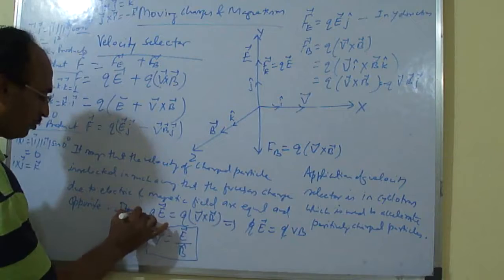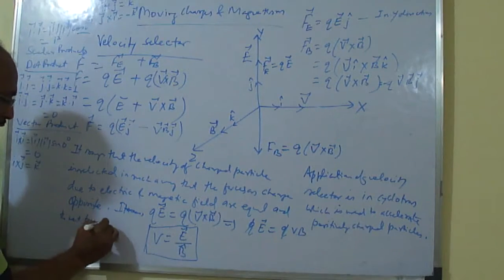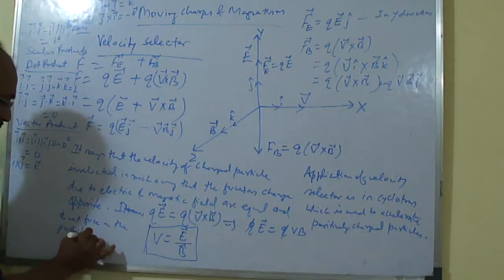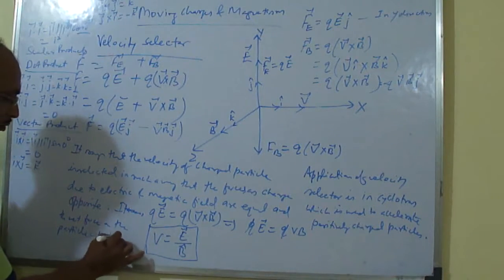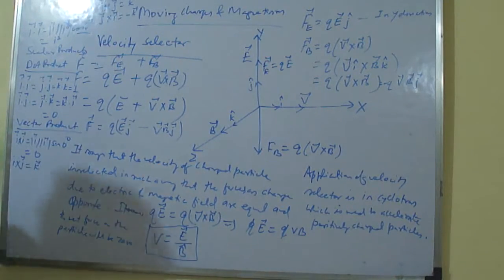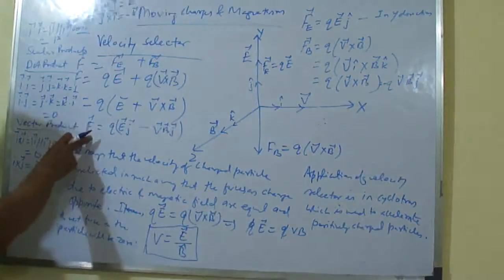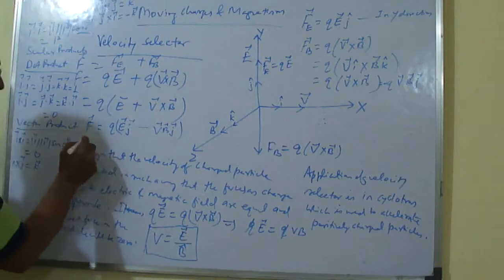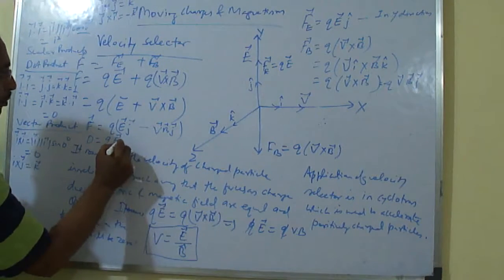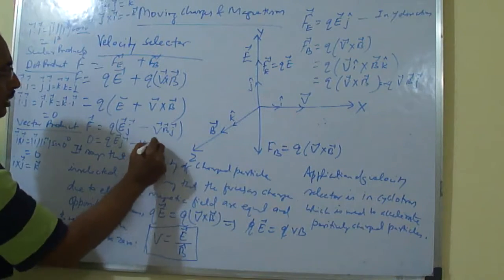It means the net force on the particle will be 0. Thereby, if we are putting it equal to 0, 0 is equal to QE J minus Q V B J vector.